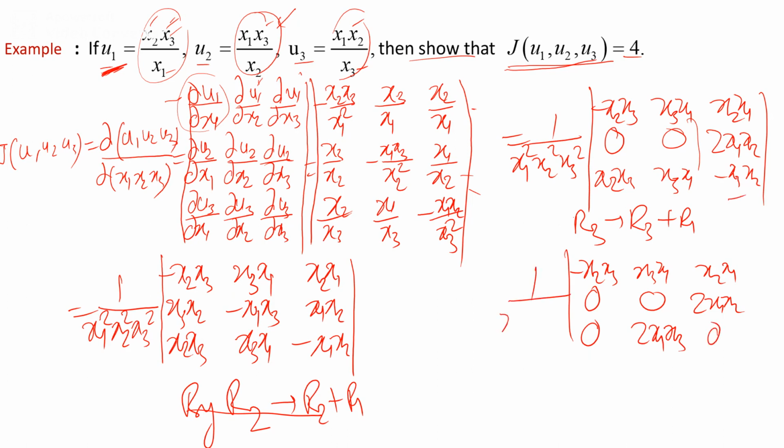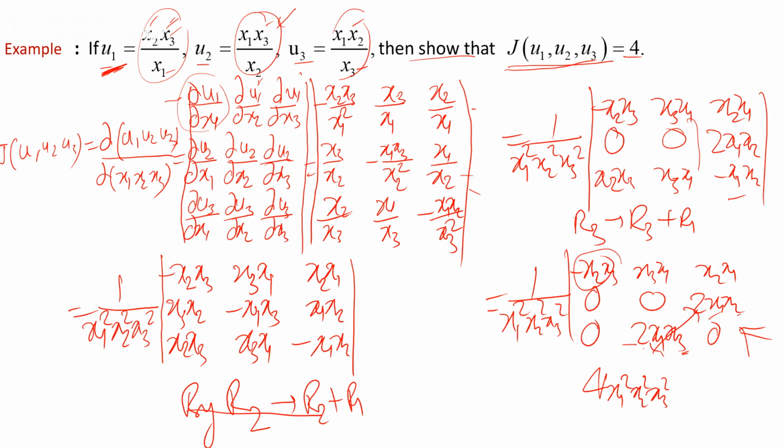And we also have the common value x1 square, x2 square, x3 square. Now after expanding that determinant, we get 4 times x1 square x2 x3, and multiplying that term, we get 4 x1 square x2 square x3 square.